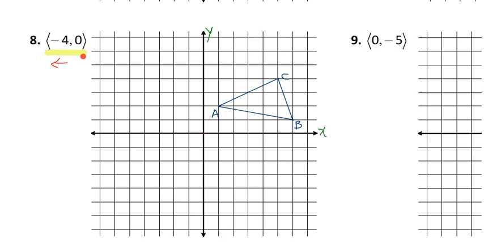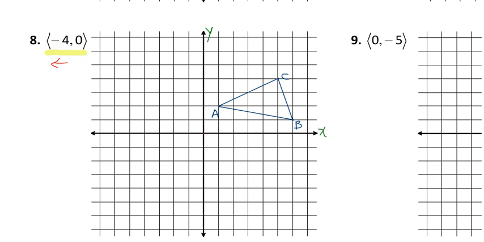So the vertical movement up or down is not going to be done, it stays the same. So basically what we're doing is only moving 4 units to the left. That is what the 0 means. 0 units up or down. 4 units to the left, 0 units up or down. So it's only 4 units to the left for each point.